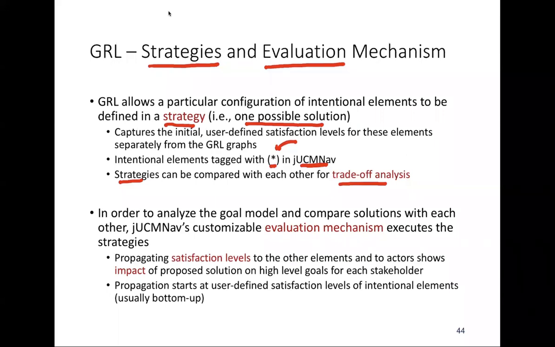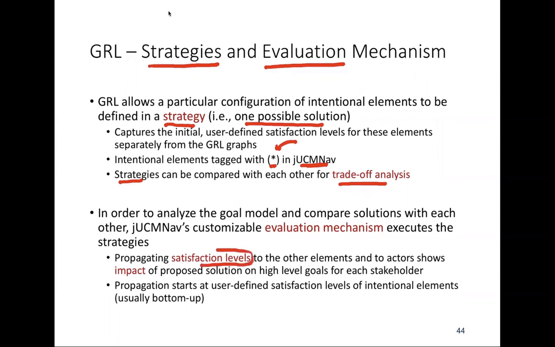In order to analyze the goal model and even compare solutions with each other, where a solution means meeting the target of your goals, we need to know which goal has been satisfied and which has not. We have to evaluate the goal model using an evaluation mechanism. The evaluation mechanism depends on a very straightforward strategy, which propagates the satisfaction level.